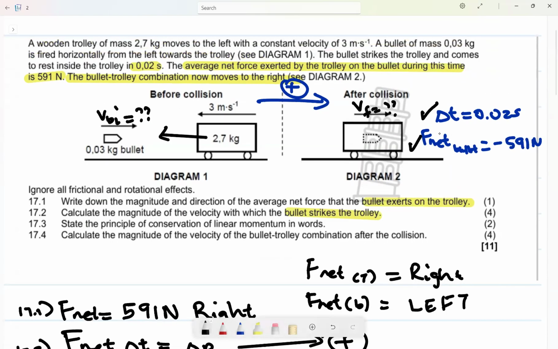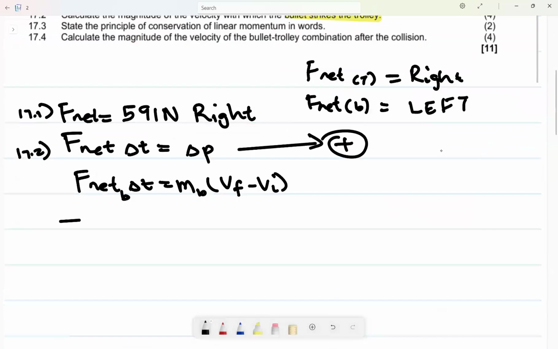Remember, the bullet comes to rest in the trolley. So the final velocity of the bullet is equal to 0 meters per second, because it comes to rest.